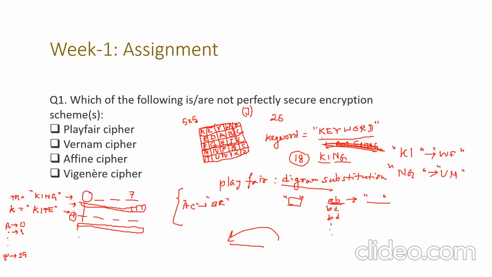You get some string, and then you map it back to the corresponding English alphabet. If you find the value after XORing to be greater than 26, you just subtract 26 from it once, and you get a value which can be easily mapped to some English alphabet, right? Now, the main point here is how you decide whether it is a perfectly secure encryption or not.